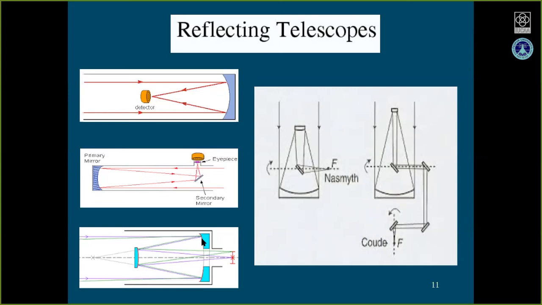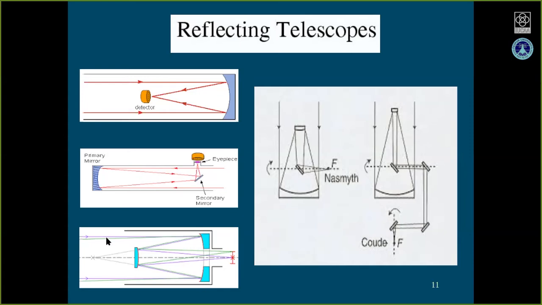But after that, this is Cassegrain focus. Generally, we call it Cassegrain focus. Nowadays, around the globe, most telescopes use this kind of focus. This is your primary mirror. This is your telescope tube. This is the bottom of the telescope tube.